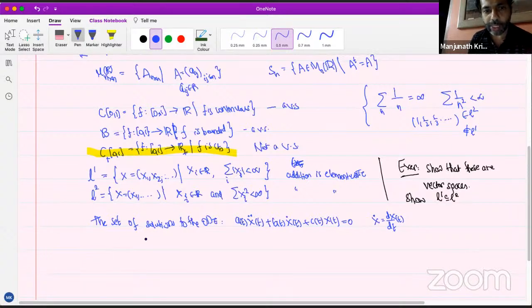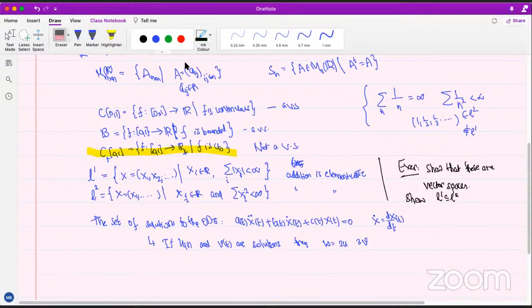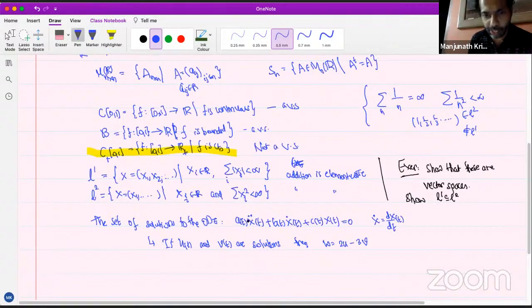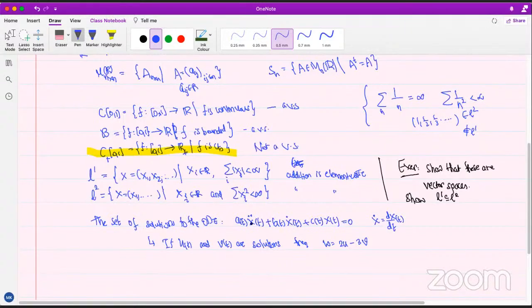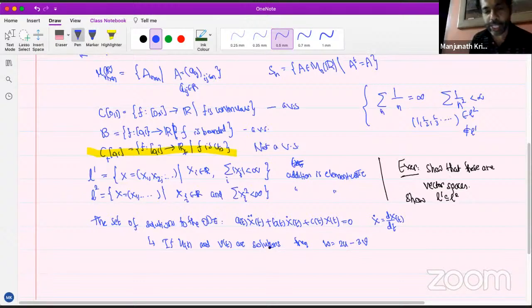What is a solution? If u of t and v of t are solutions, then let's say w is 2u minus 3v. Is that a solution? Yes, by the principle of superposition. Any linear problem... superposition is another name for linearity.